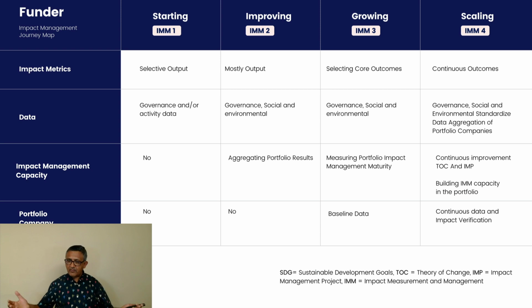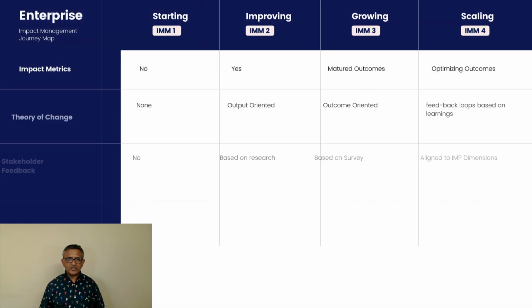So we have developed a very systematic process from funders' perspective, where we can help them maximize the impact through starting to improving to growing to scaling based on 4 different criteria: impact metrics, data, impact management capacity, and portfolio company stakeholders altogether. And so ultimately the idea is to end up in the lower right corner so that you are really generating, maximizing the social return on investments altogether.